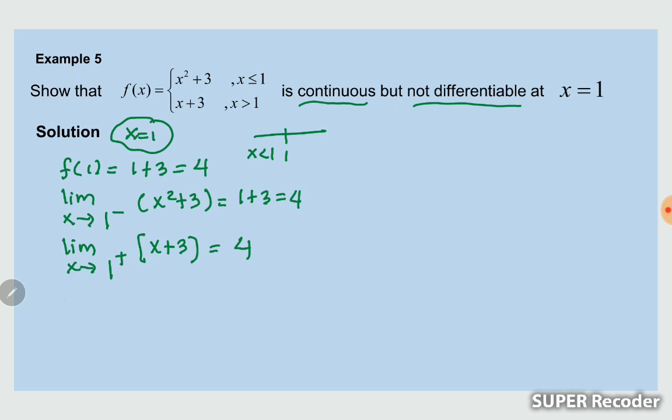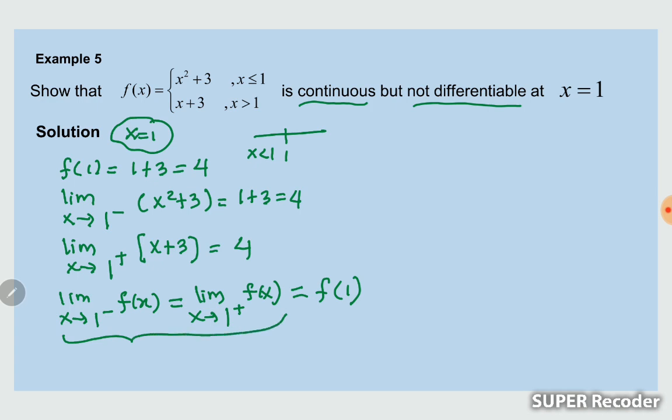So we see here that the limit when x approaches 1 from the left for f(x) is equal to the limit when x approaches 1 from the right for f(x), and also equal to f(1). When you write the limit from the left equal to the limit from the right, it only shows that the limit exists.